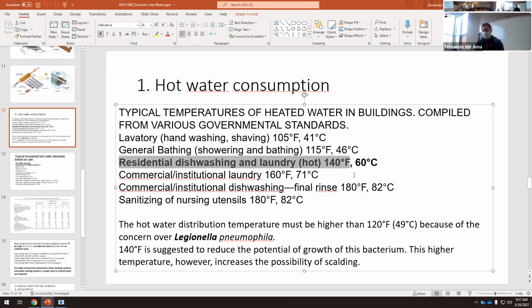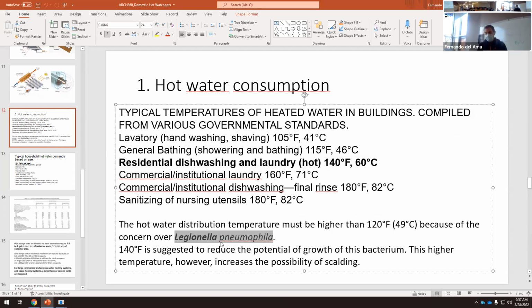That's very hot. If you are exposed at 140 Fahrenheit, you will get burned. The 115 is the maximum temperature that the human body can bear. But we need 140, and this is like a magic number because we kill Legionella pneumophila.